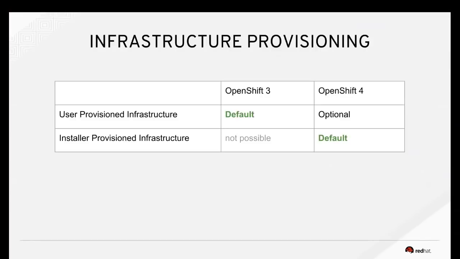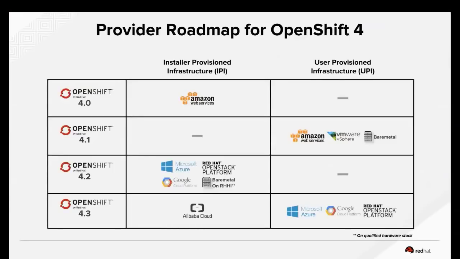So let me show you guys what the roadmap for that is. Right. So in 4.0, which is coming out in April, you're going to get AWS IPI, right? Installer provisioned infrastructure.